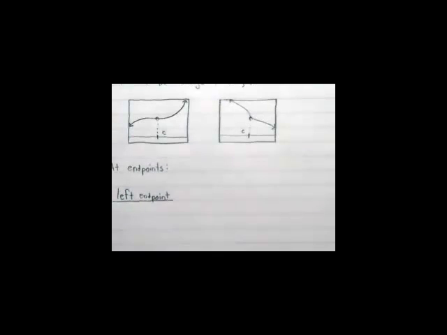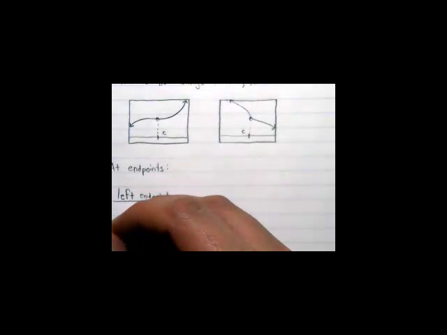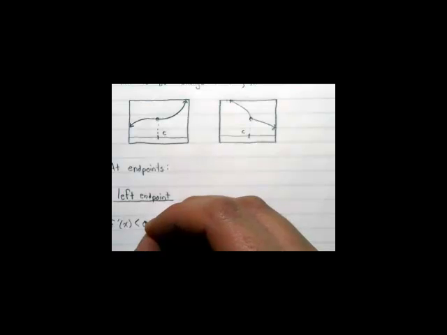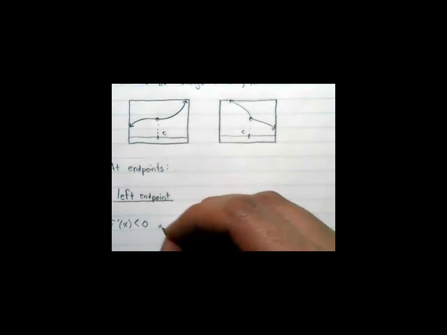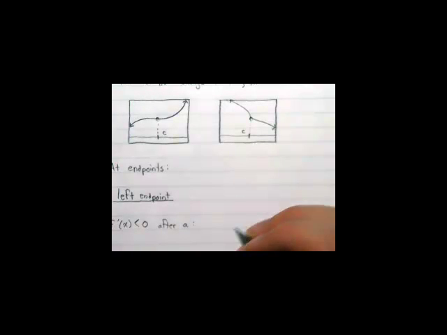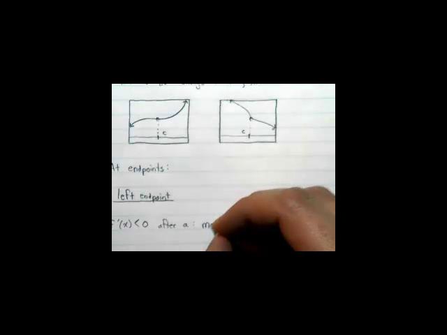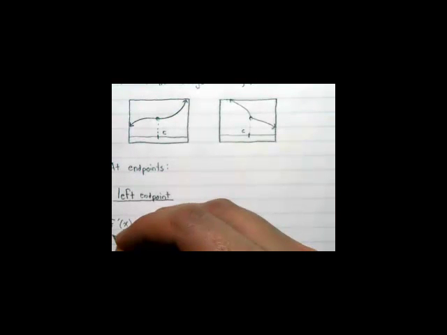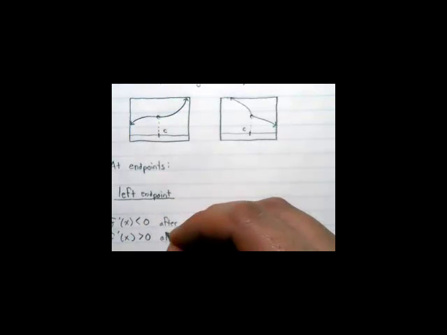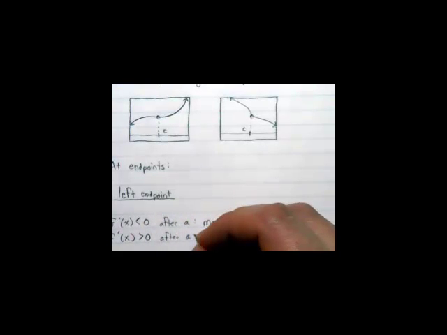So if we have f prime of x less than 0 after a, then that's going to be a max. And if f prime of x is greater than 0 after a, then we've got a min.